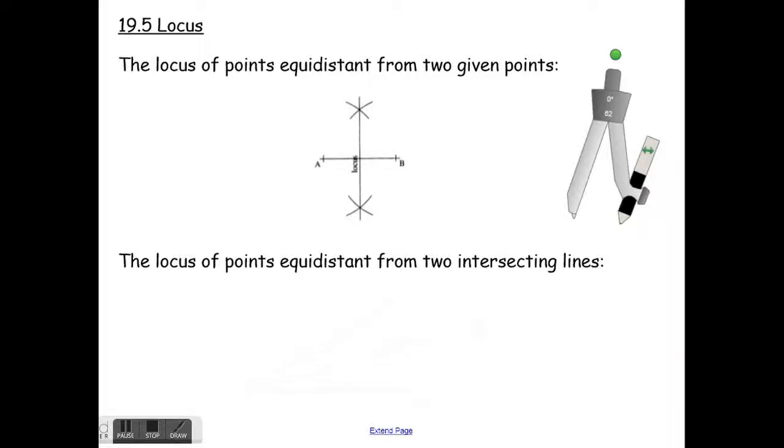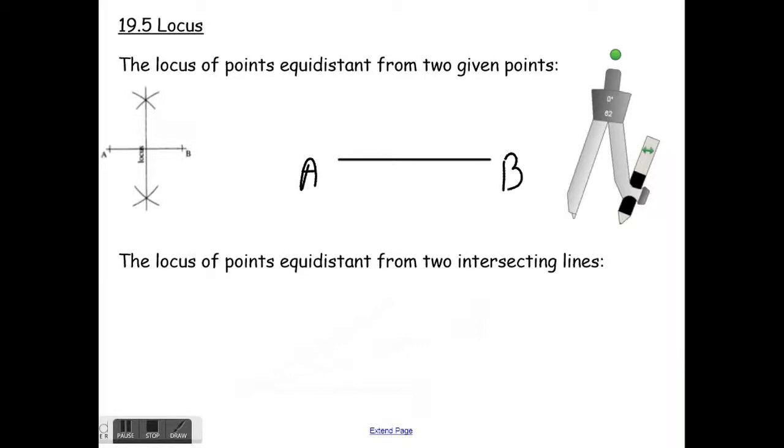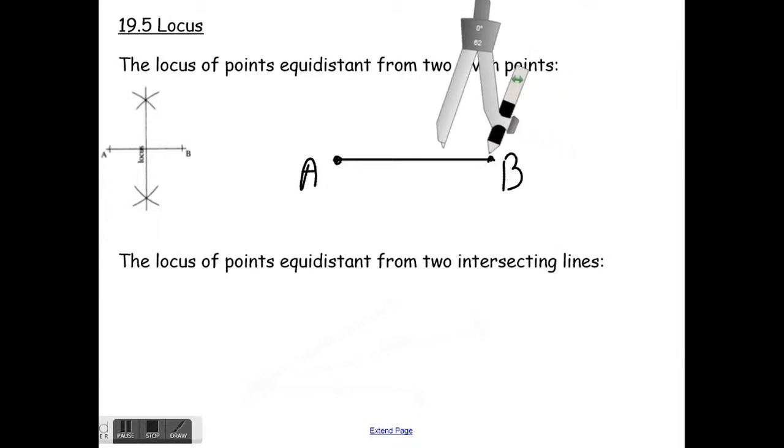I will actually show you this. I'll draw a line. So let's say the end points are my 2 points, A and B. And I want to draw a locus of points equidistant, meaning it's the same distance from A to B. So to do that, I have to use my compass here.